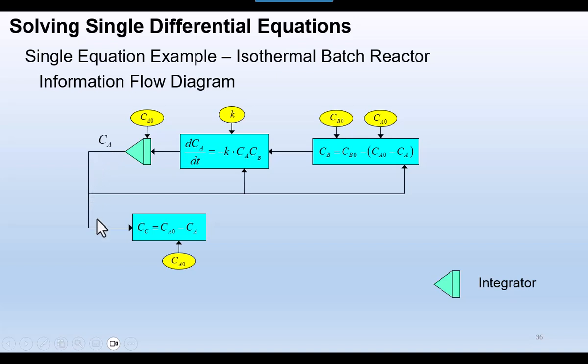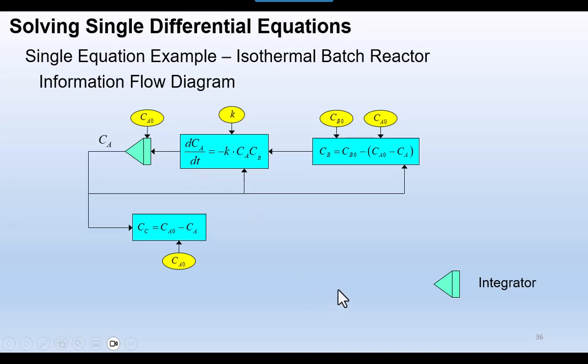And then we can use that value in the stoichiometry to solve for CB and CC given their initial conditions. And then the CB provided here and the CA provided here gives us the information we need to move on to the next step of time. And the numerical method that we use is denoted in this left-facing triangle, okay?